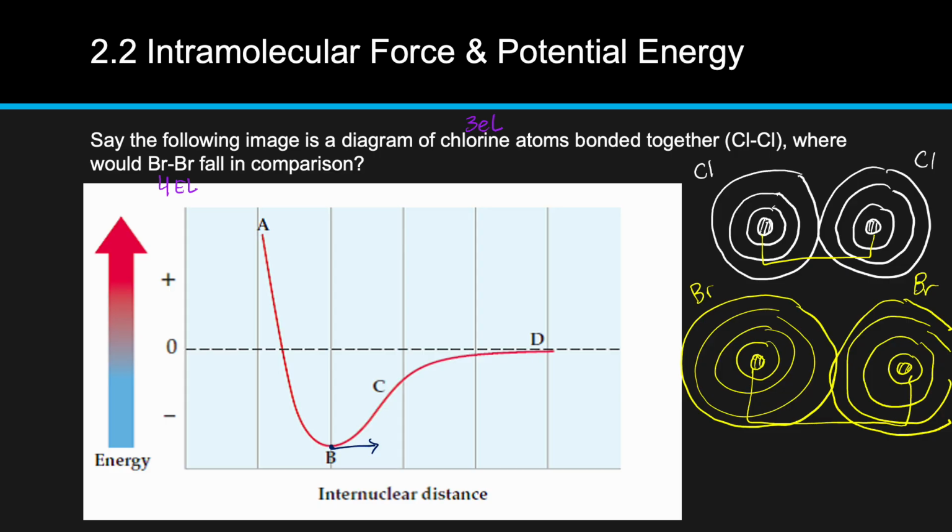However, let's think about it in terms of Coulomb's law. Now, bromine, its outermost electrons are a lot further from the nucleus than chlorine is. So because it's a larger atom and the pull of the nucleus is farther from the electrons of the other atom, it's going to be easier to remove.